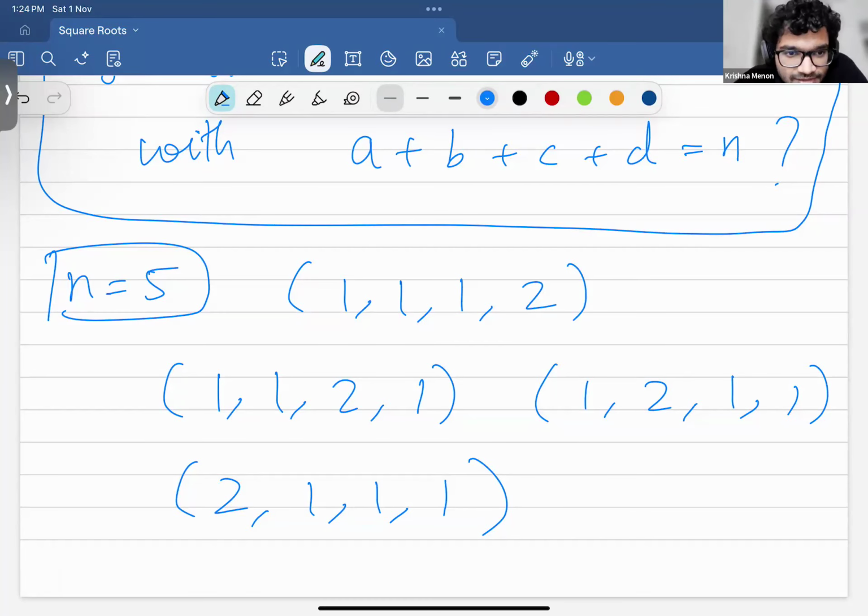So I see a lot of hands raised, so maybe Anantajit, do you want to say? Oh, hand went down. Okay. So maybe Kyra, do you want to say something? Sir, can we use the previous question method of n minus 1 C3?